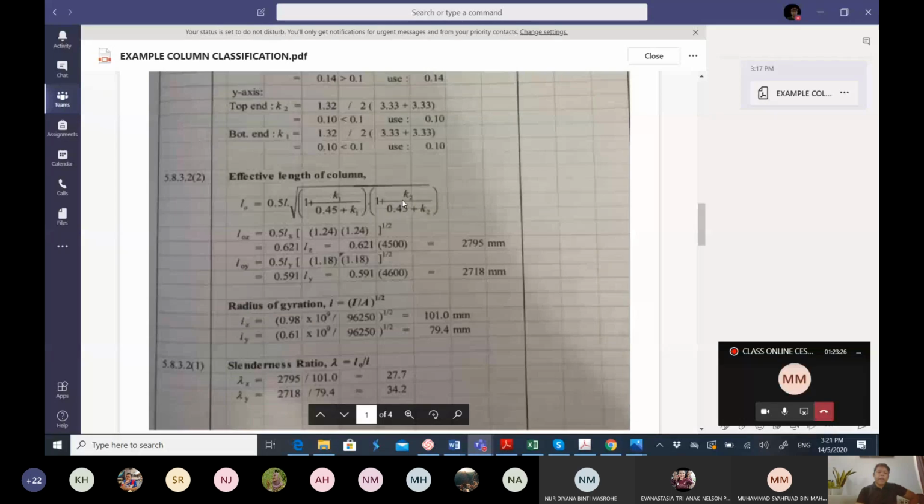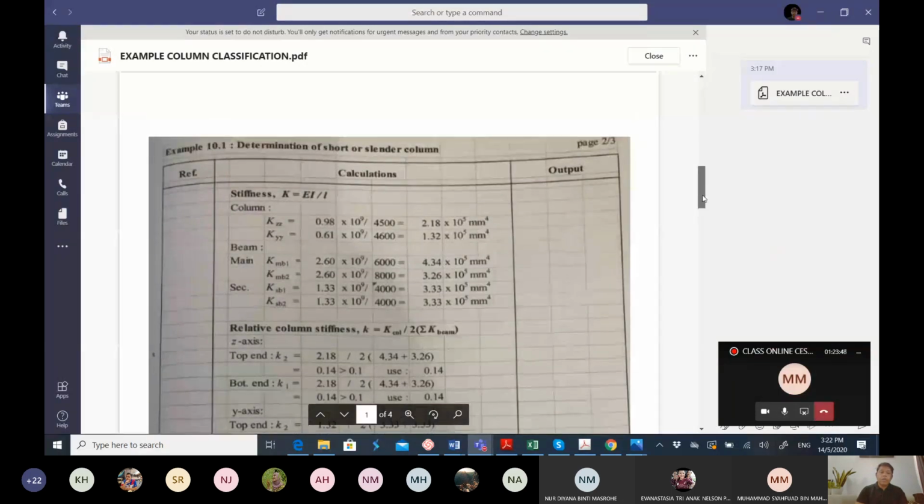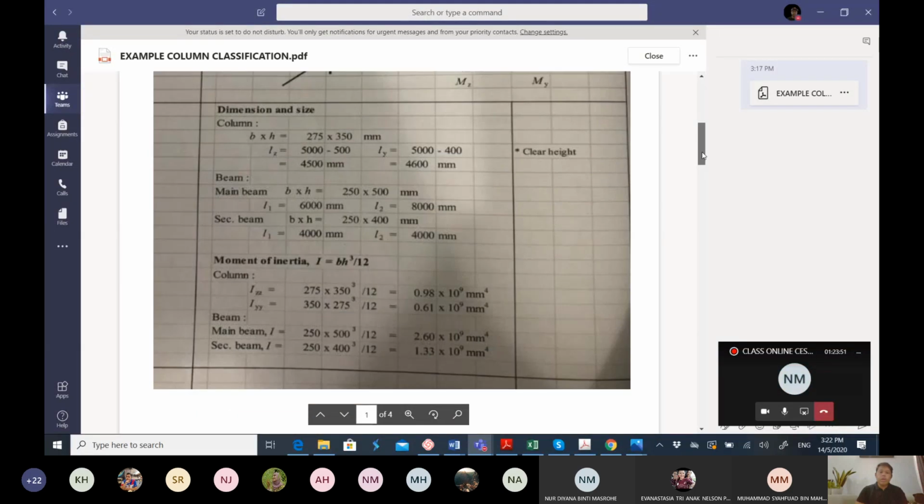You have to calculate both axes, L0z and also L0y, the effective length for the Z and the effective length for the Y. And then your LZ and also LY, you take from here.